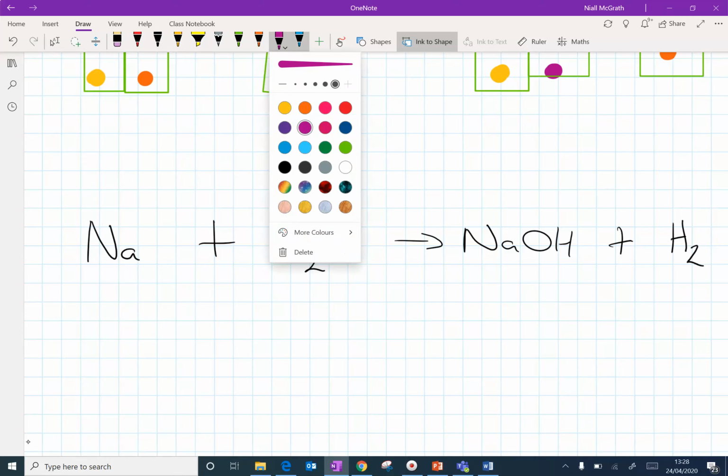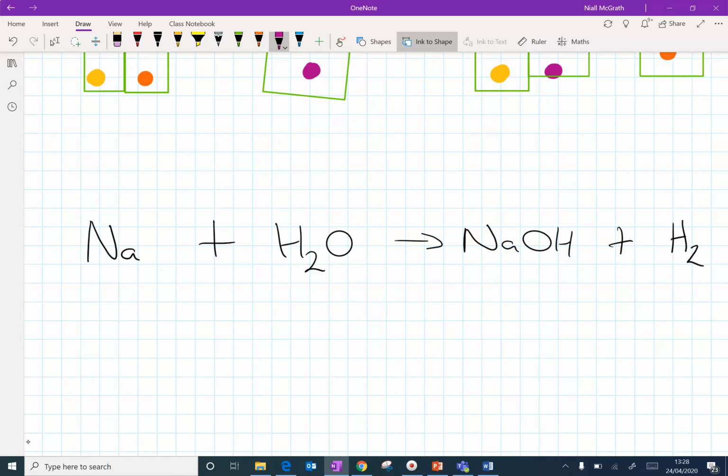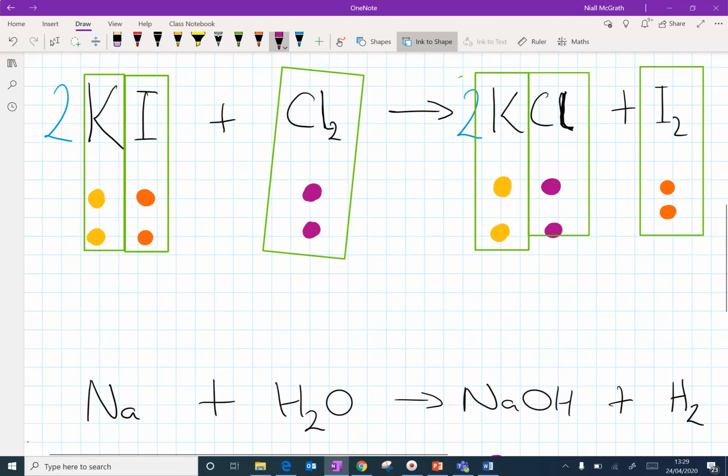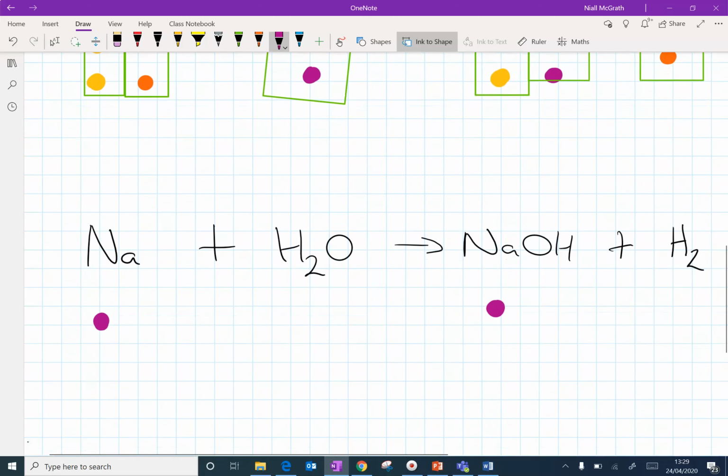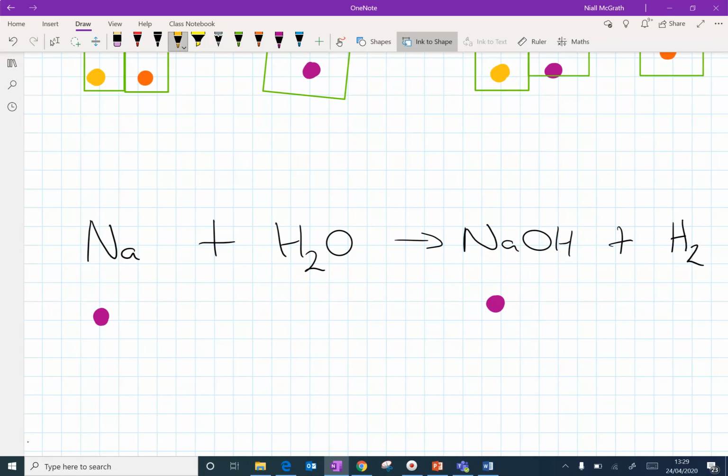So our sodiums, we have one sodium on the left, we have one sodium on the right in our products. So for now our sodiums are okay.